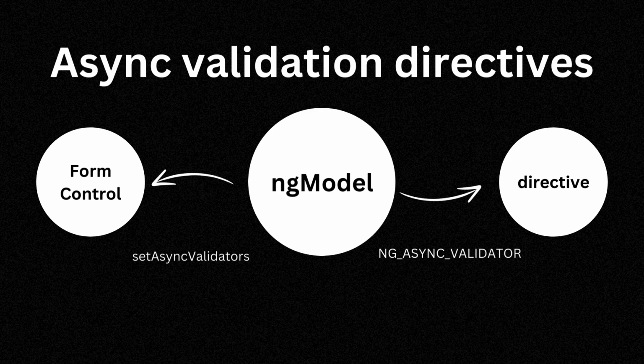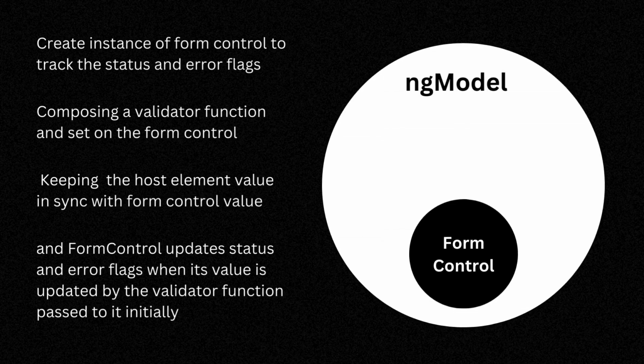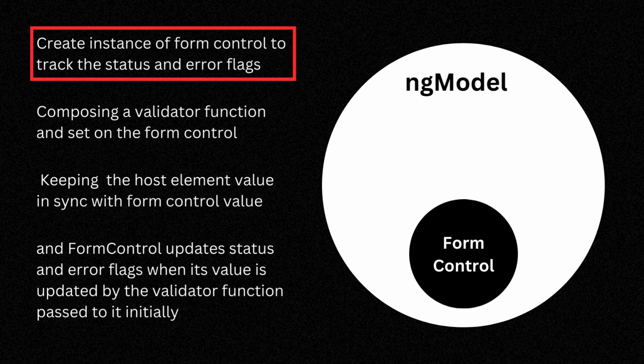Now there is one more thing I would like to highlight here, the relationship between ng model and the form control. Here in the diagram you see ng model and the form control shown as different entities, but the truth is in the template driven form, when you create the instance of ng model, it will create an instance of form control behind the scenes, internally, and through this form control it will keep track of the values and the validities of the form elements.